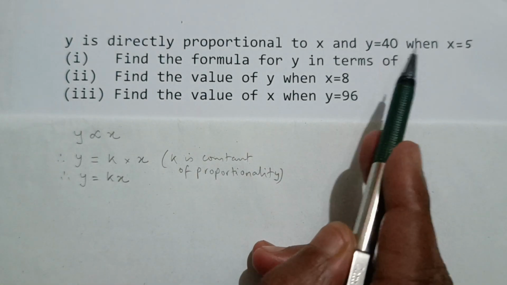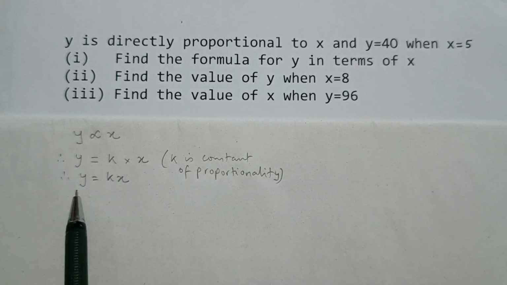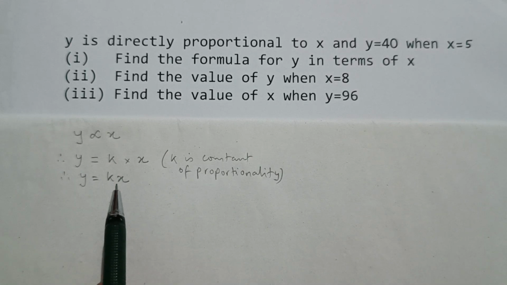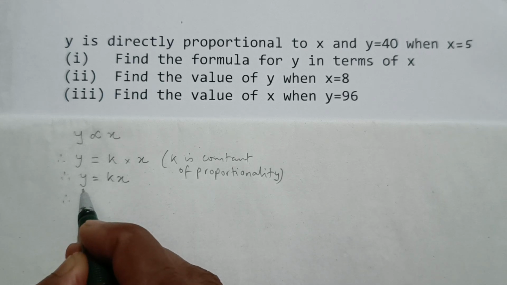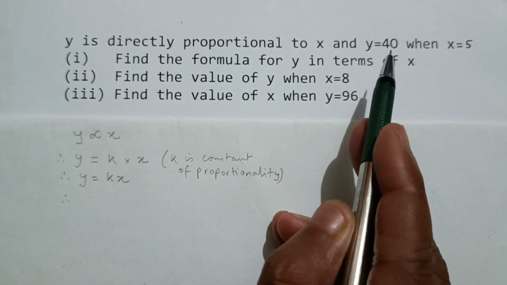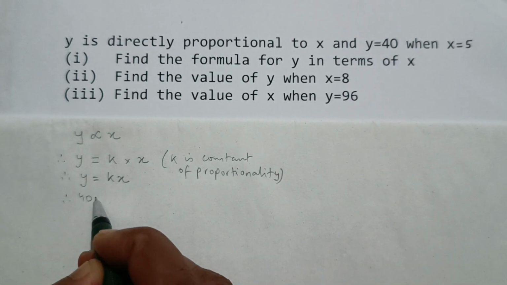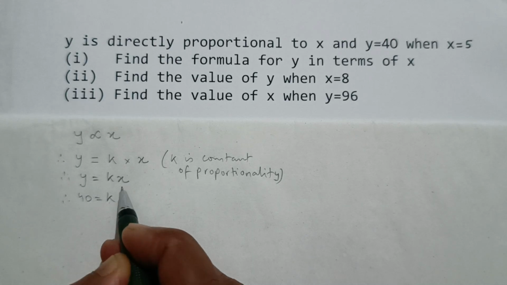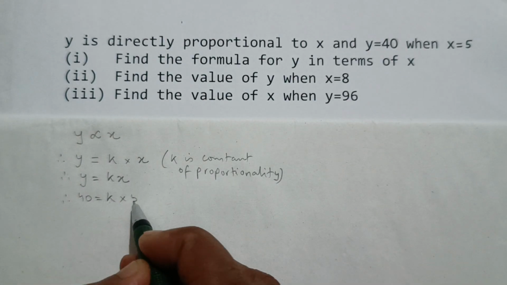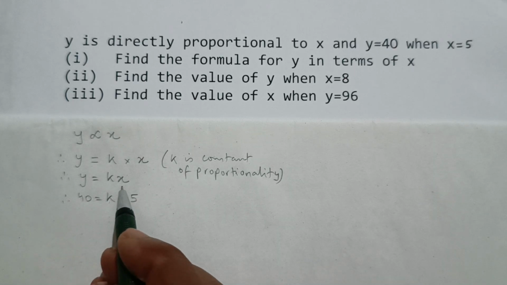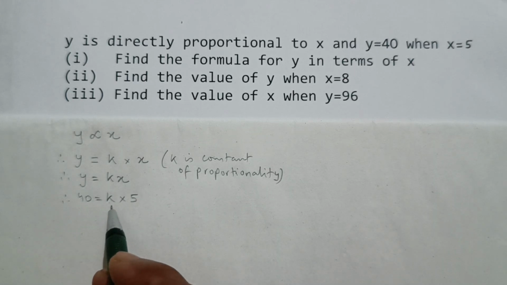So I will substitute those values in this equation and I will find out the value of k. So let's do that. The y value is 40 and the x value is 5. So y equals kx becomes 40 equals k multiplied by 5.